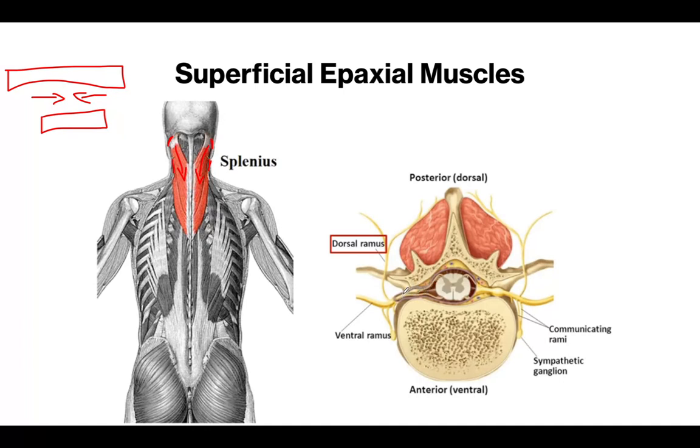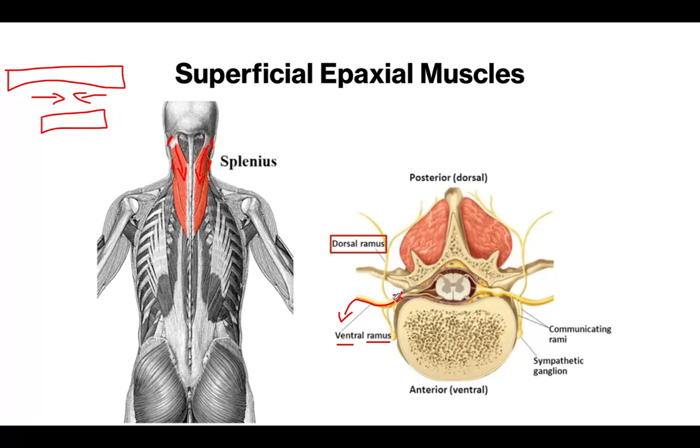As it gets to this region right here, it becomes the spinal nerve. After it becomes the spinal nerve, it branches. It has a ventral ramus, and ramus is the singular, one branch, and that's going to go in the anterior or the ventral direction.